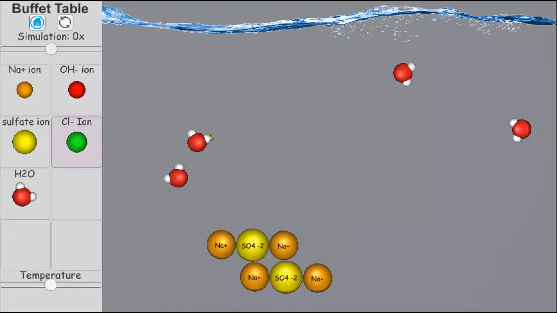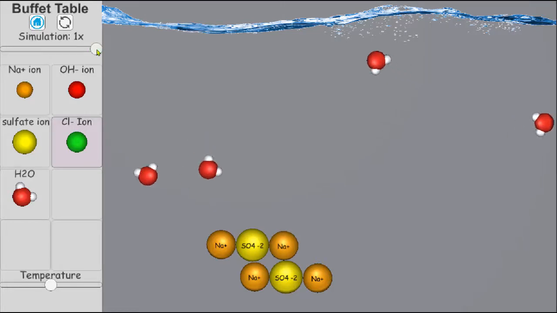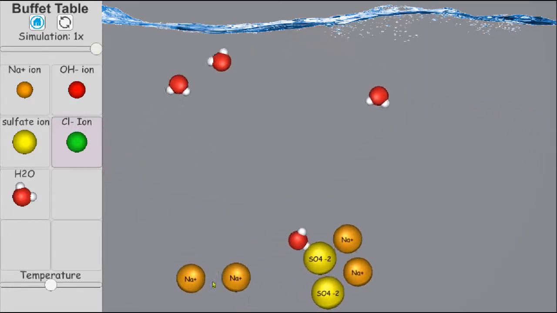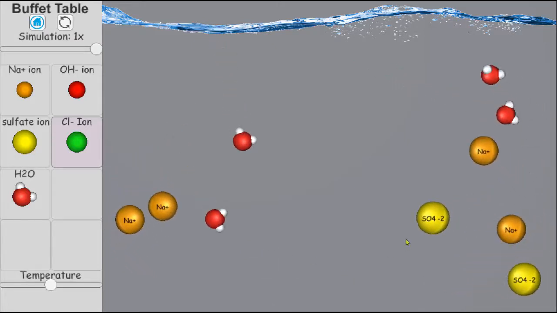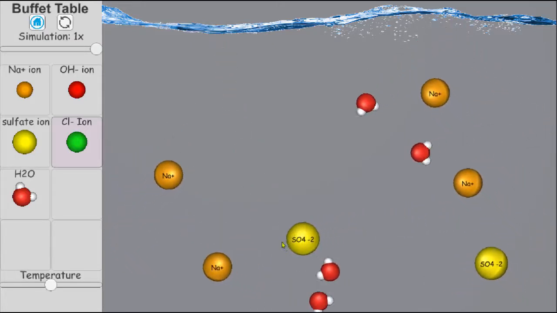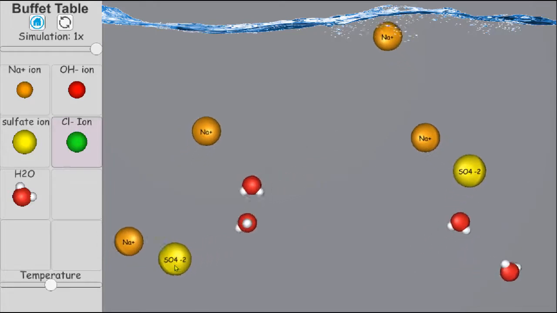Here's an IC 2020 simulation to illustrate the idea of a polyatomic ion. I'm hoping you see this is sodium sulfate, the same as we saw with the tennis balls. And as I start this up, the water can dissolve the salt. And as you can see, the sulfate is not splitting into 5 separate things. It's just one thing.